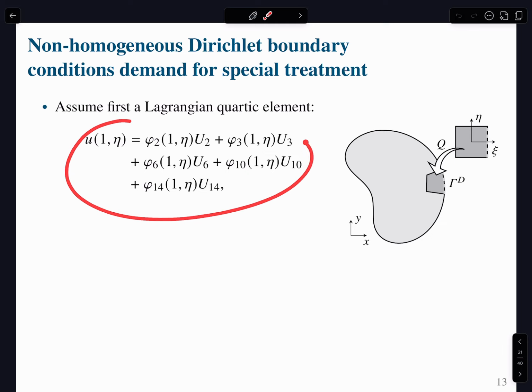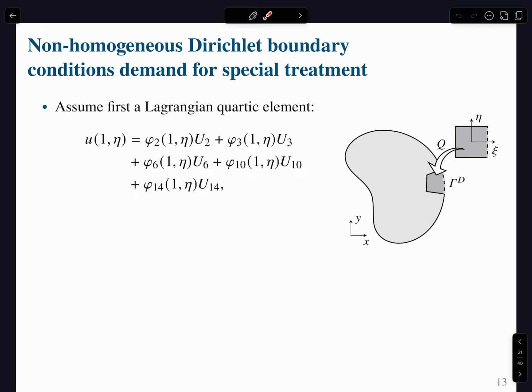And of course, here I only consider the shape functions of my quartic Lagrangian element that are non-zero along that edge. Only those, right?